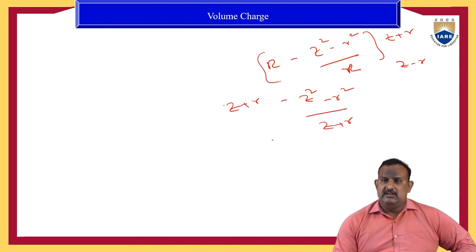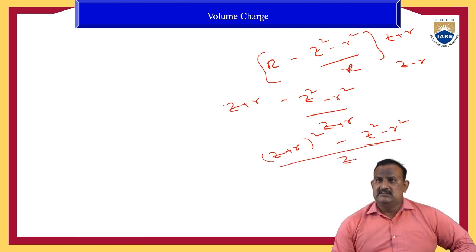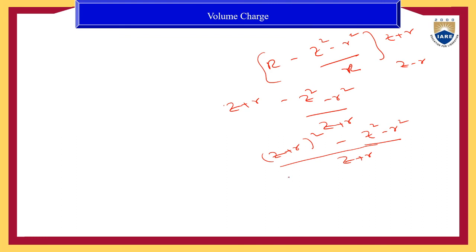Then take LCM. Here it is z plus r whole square minus z square minus r square by r, total by z plus r. Therefore, you can write z square plus r square plus 2zr minus z square minus r square by z plus r.